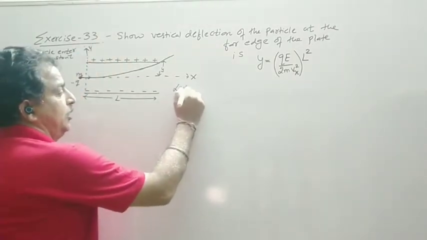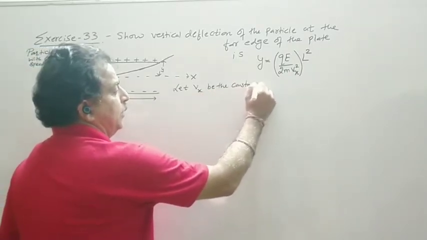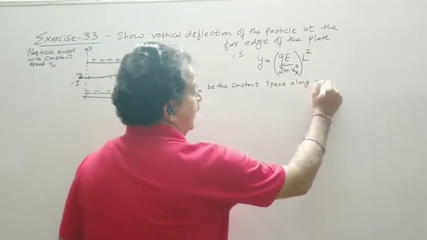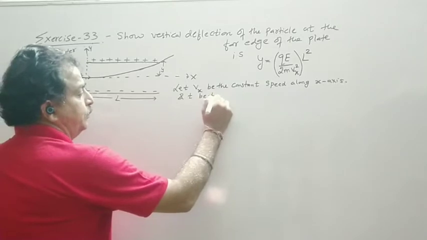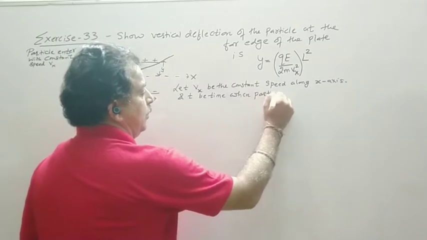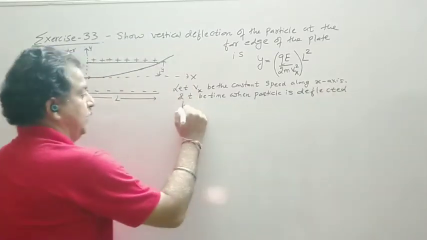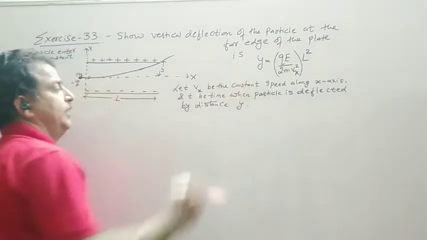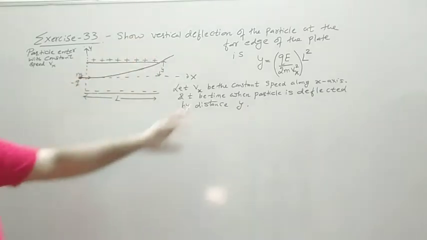So let Vx be the constant speed along the x-axis and t be the time when the particle is deflected by distance y. So this y is the deflecting distance. We have to find out this y.